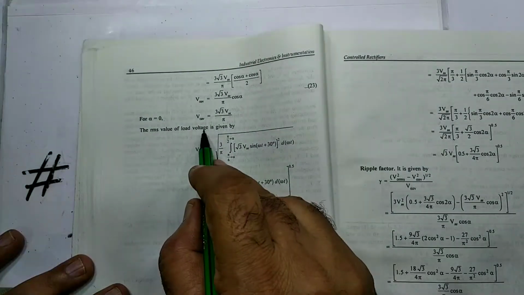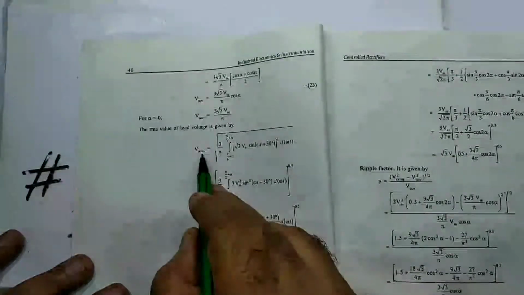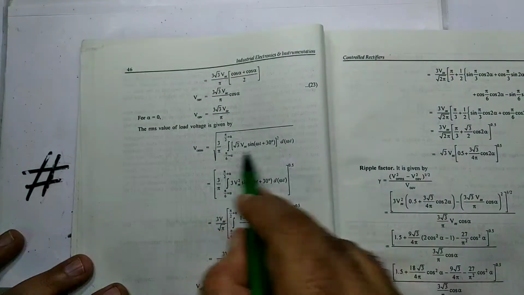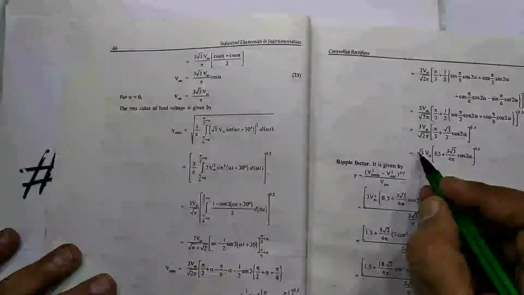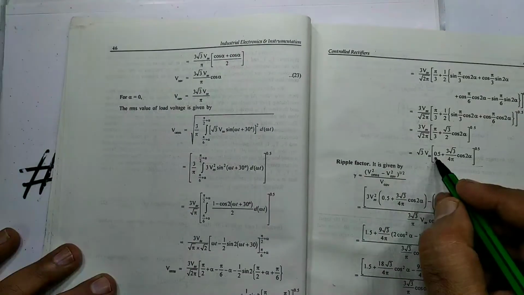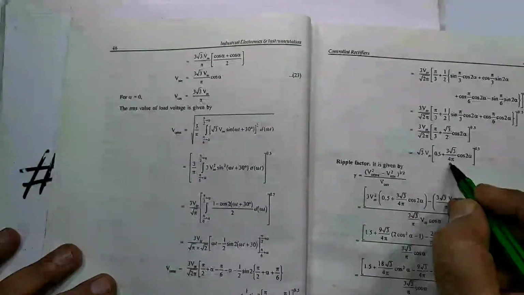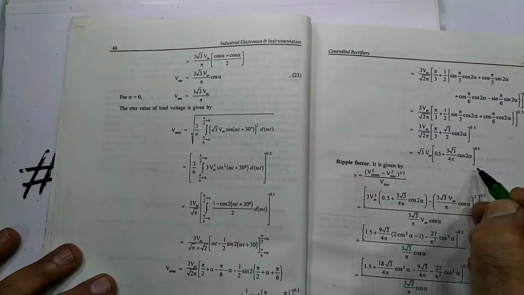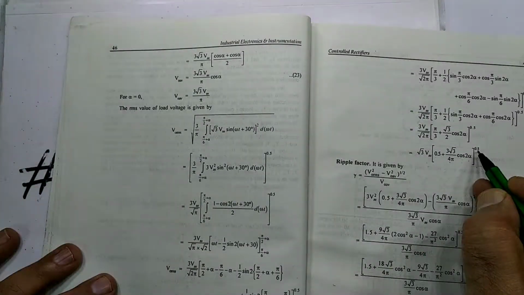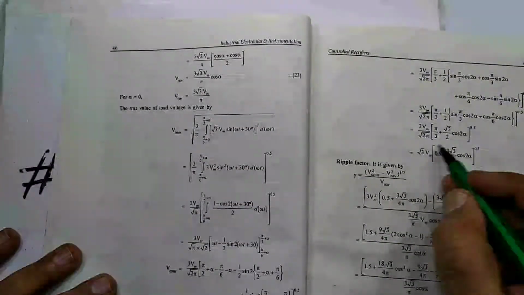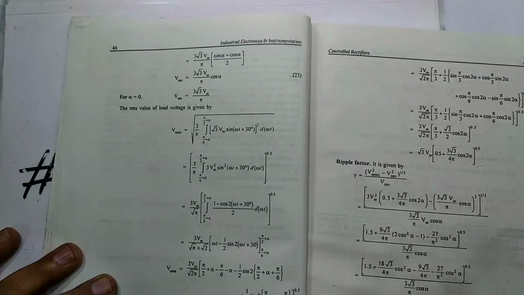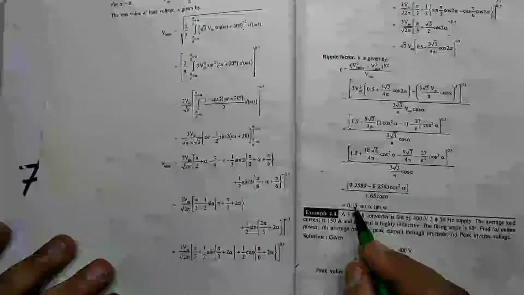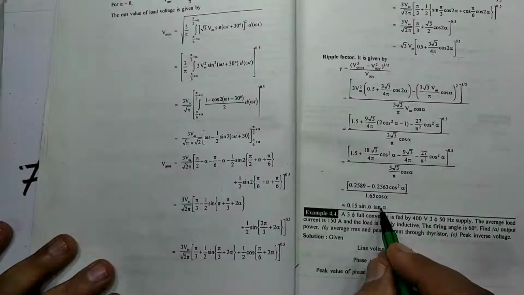The RMS value of load voltage is given by VO RMS equal to this, and finally it is given by root 3 Vm into bracket 0.5 plus 3 root 3 upon 4 pi cos 2 alpha, all under the root of 0.5. And the ripple factor gamma is equal to 0.15 sin alpha tan alpha.